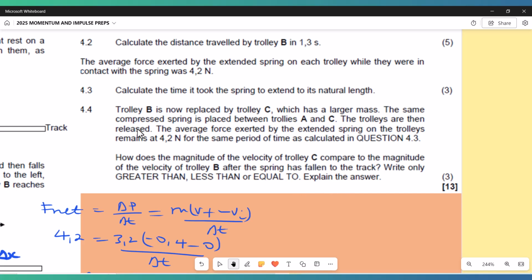I repeat, trolley B is now replaced by trolley C, which has a larger mass. Did you see that? The mass of C is larger than that of B. Ne?